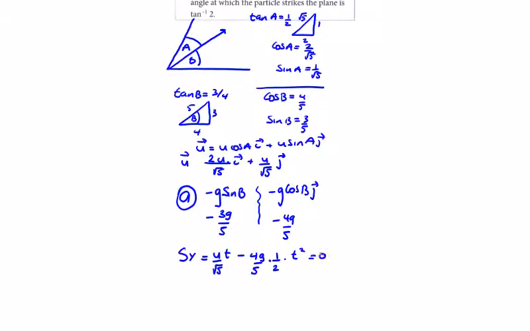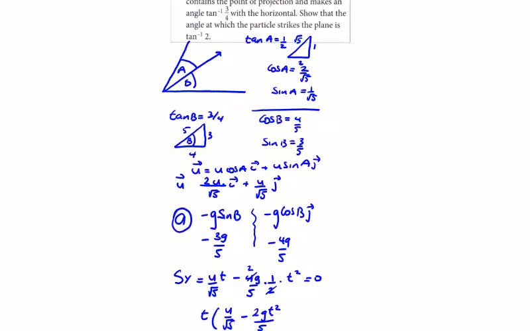When is this equal to 0? Factor out your t to get u over root 5 minus 2 will divide into 4 twice. So we have 2gt over 5.